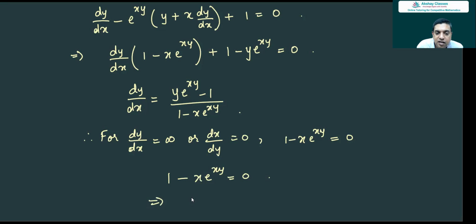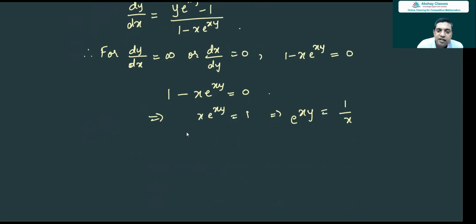This is a little difficult. Let us see. x e power xy equal to 1. So e power xy, sorry, is equal to 1 upon x. Taking log on both sides, xy equals minus log x.